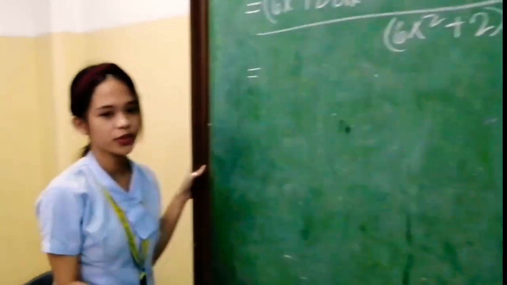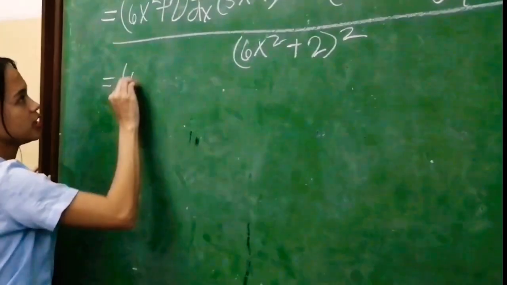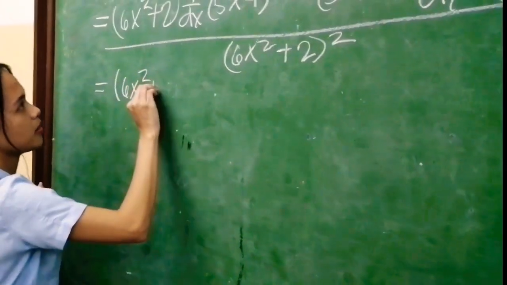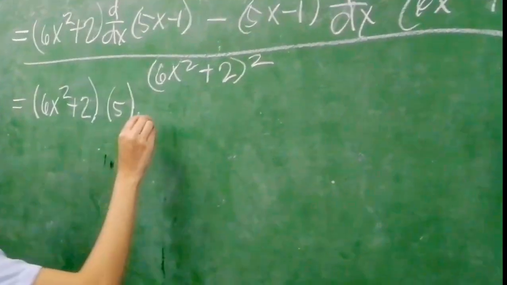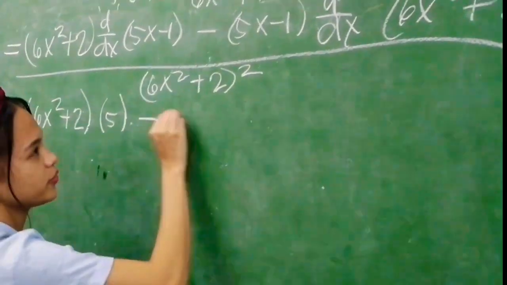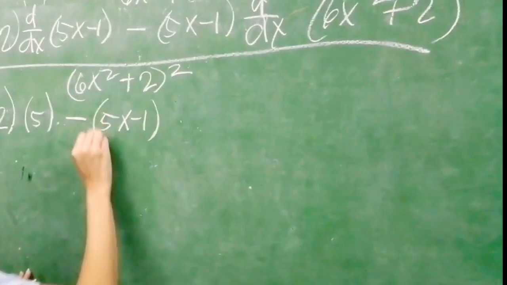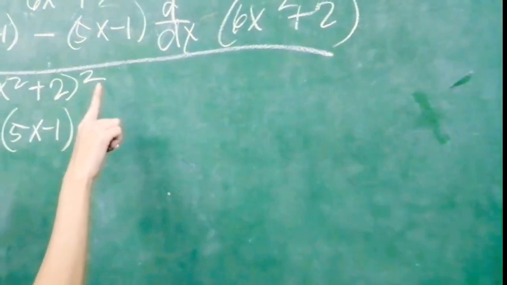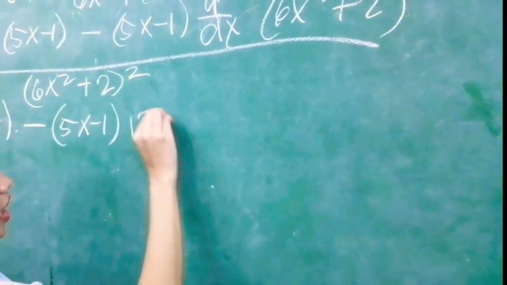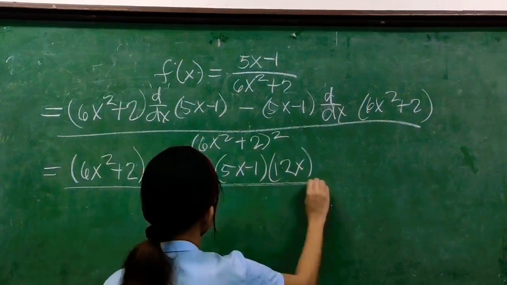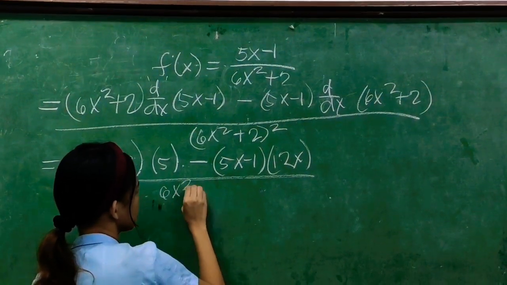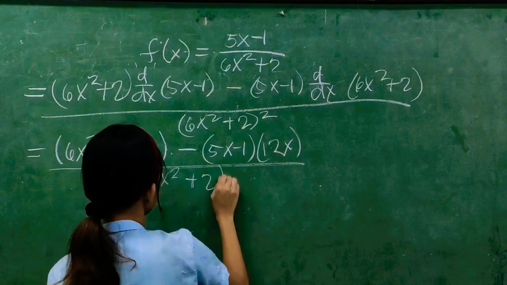Next, we will solve for the derivatives. 6x squared plus 2 times 5, minus 5x minus 1 times 12x, the derivative of the denominator, over the denominator 6x squared plus 2 squared.